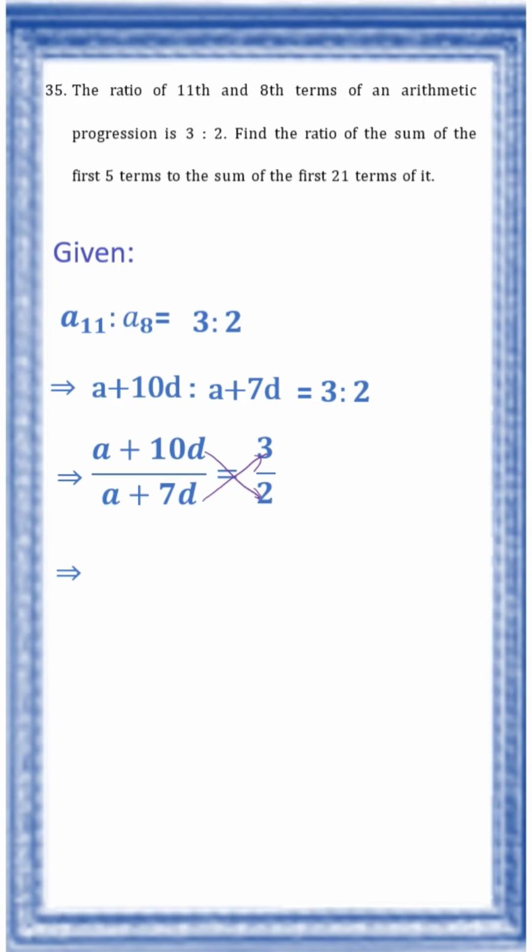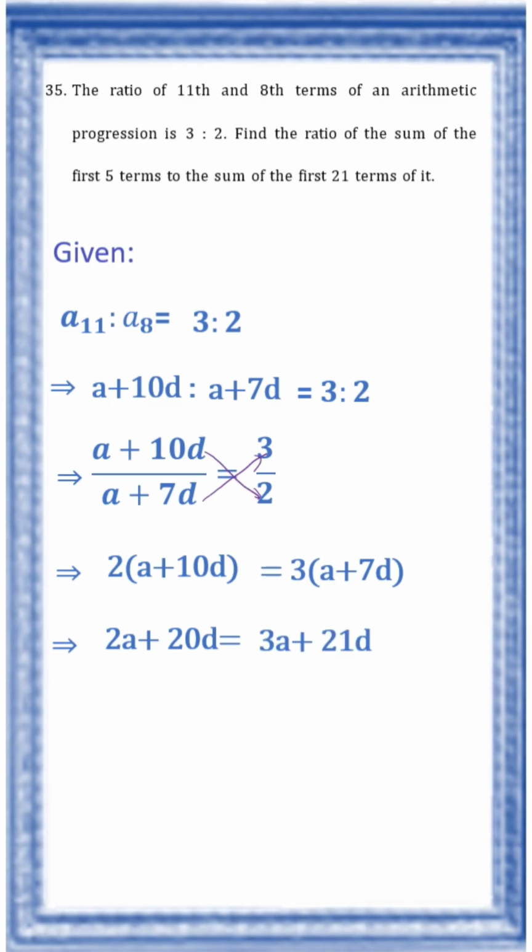Means 2 into A plus 10D is equal to 3 into A plus 7D. Now expand it. 2A plus 20D is equal to 3A plus 21D. Now rearrange.